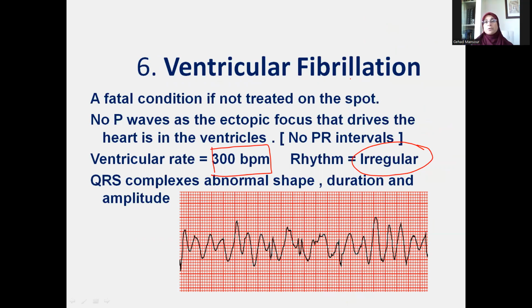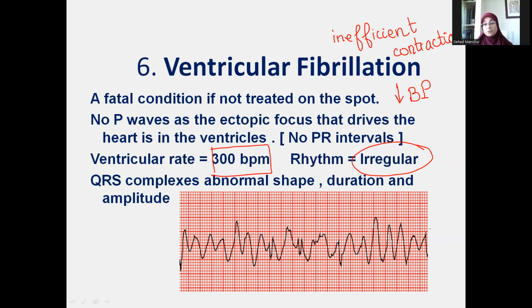And this results in very inefficient contractions of the myocardium, and therefore the pumping action of the heart is affected, and this leads to severe drop in the blood pressure of the patient and might result in death.